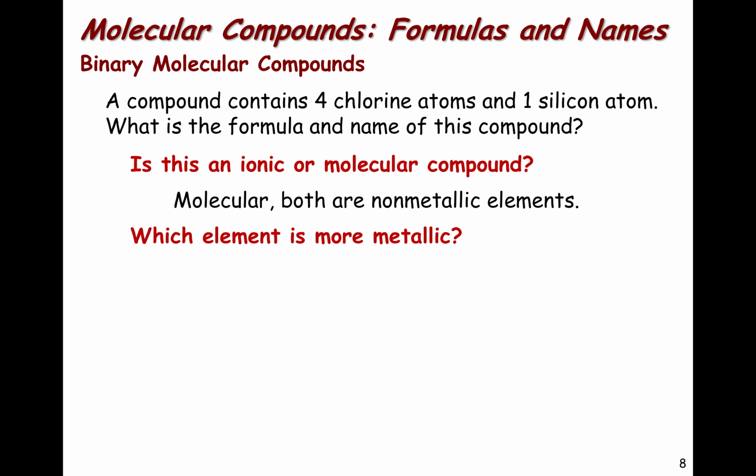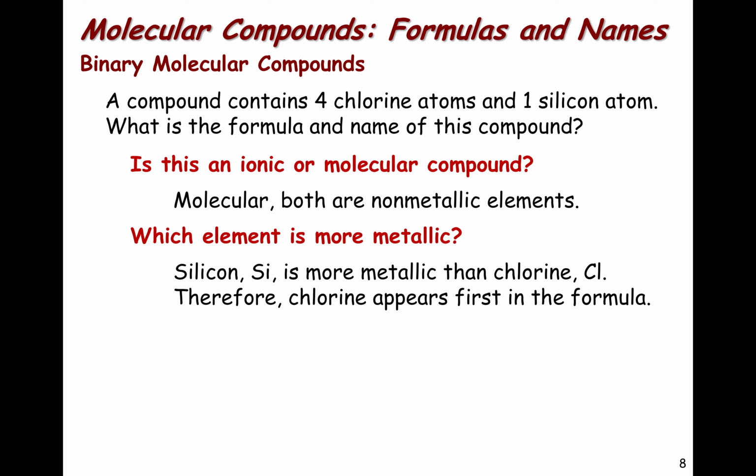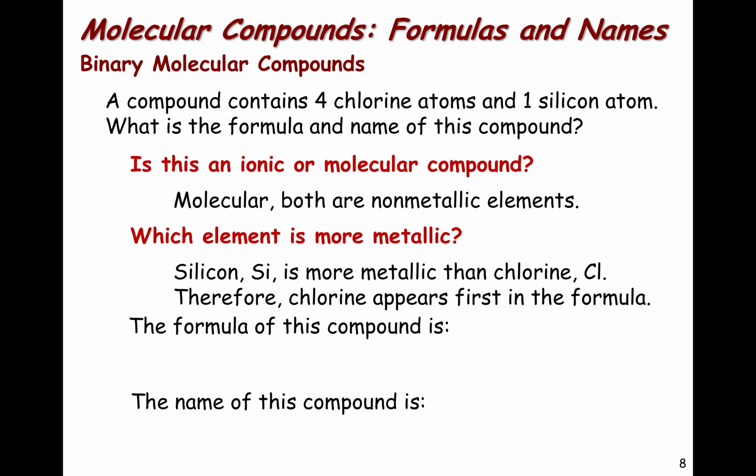And then we have to ask ourselves, of those 2 elements, silicon and chlorine, which one is more metallic? Silicon is further to the left and down than chlorine, so it will be the first element in the formula. And so in this particular case, the formula of the compound is SiCl4, and the name of the compound would be silicon tetrachloride.